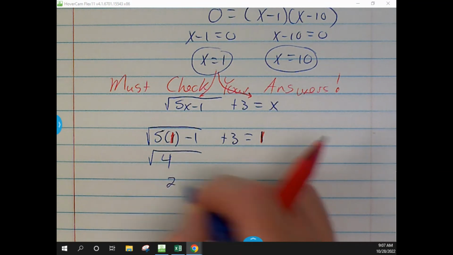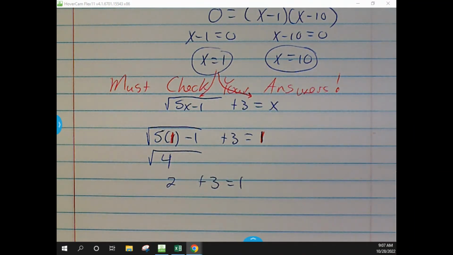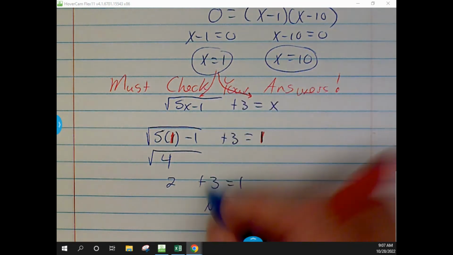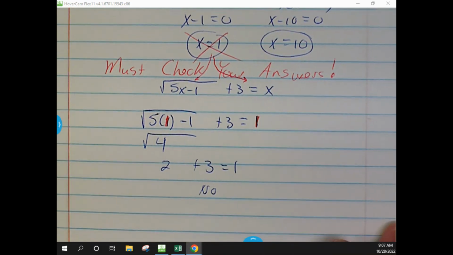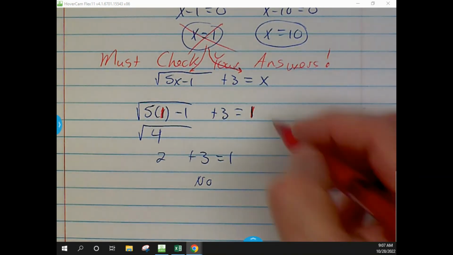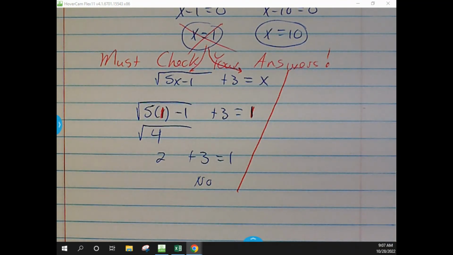The square root of 4 is 2. So does 2 plus 3 equal 1? No. So that number, if we plug it in, doesn't make any sense. That means this solution is a fake solution. It's fake news. You've got to cancel it out, because it's fake if we put it in our current context.